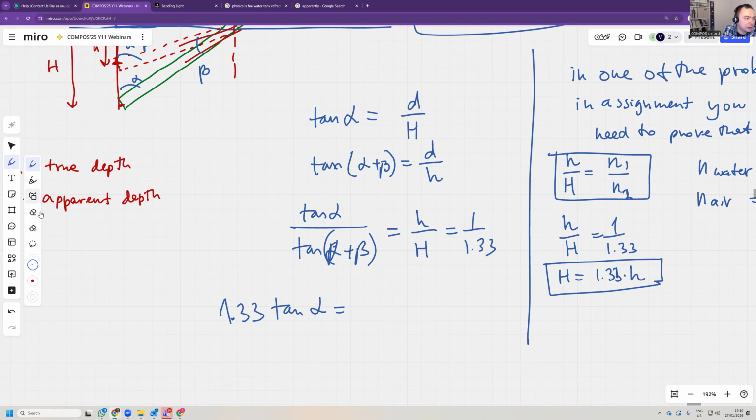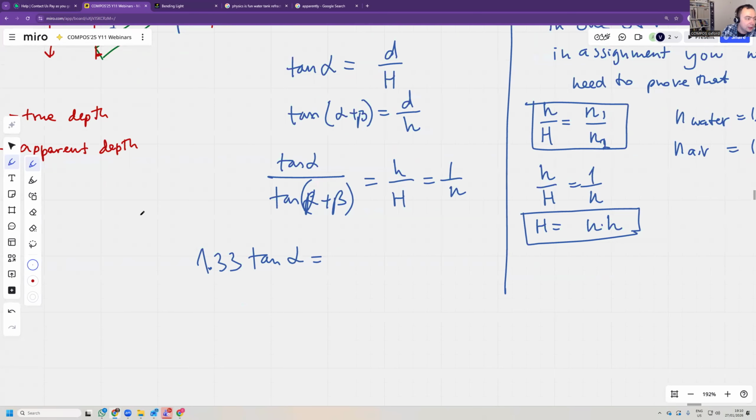Oh, let's just use n and not carry numbers. So n tan alpha equals tan of alpha plus beta.